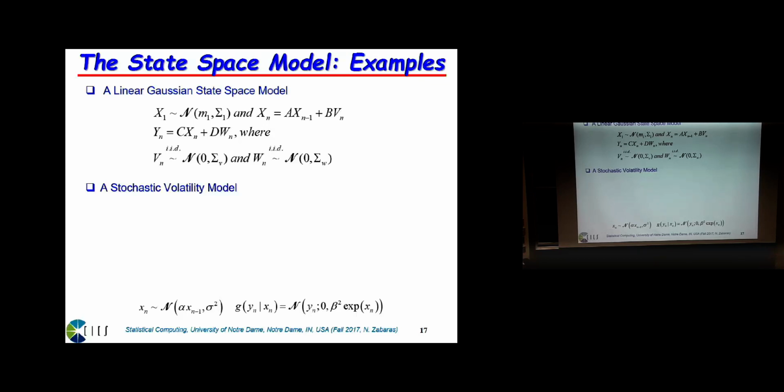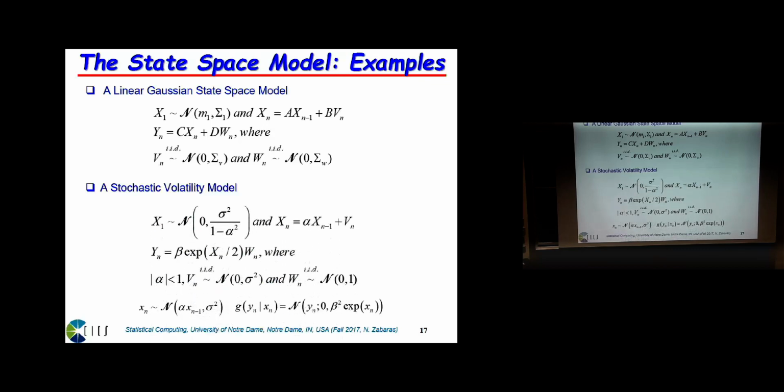I mentioned finance engineering and econometrics, where there is a very famous problem: if you develop any algorithm, or if anybody does any project in this area, you have to test your programs with the so-called stochastic volatility model, and there are many of those. And it looks simple. You start from x1, sampled from this Gaussian. Xn is some constant times Xn minus 1. But look where the complexity comes. The complexity is in the likelihood. It is nonlinear in Xn, in the state.